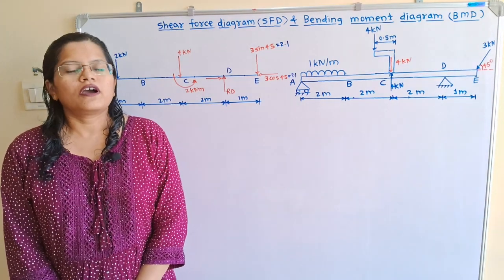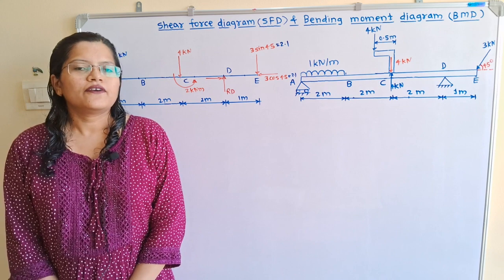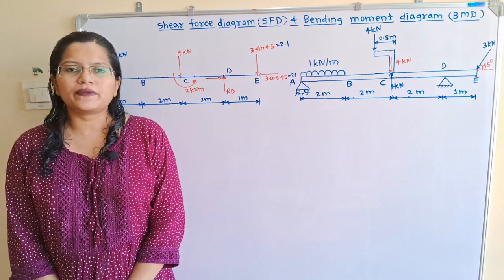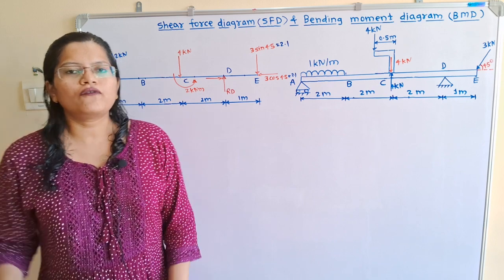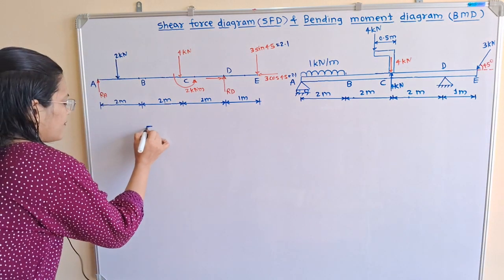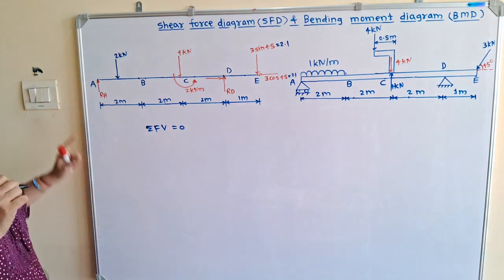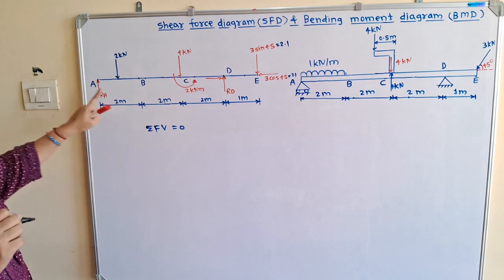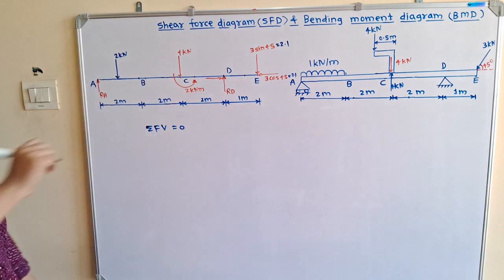To find the unknown values of the reactions at points A and D, we will consider that the system is in equilibrium. So we can say that the summation of all vertical forces is equal to 0. I will write here summation of all vertical forces is equal to 0. Now if we observe, RA and RD are in the vertically upward direction.